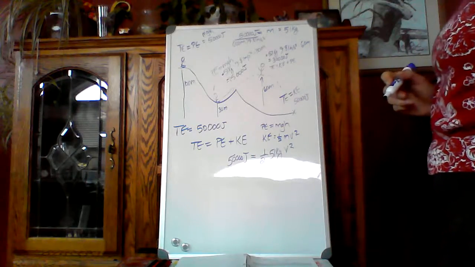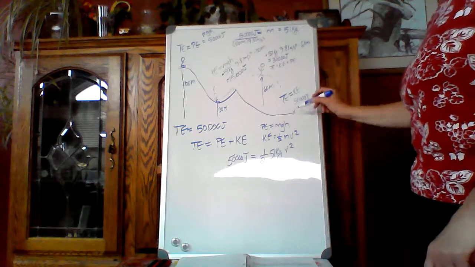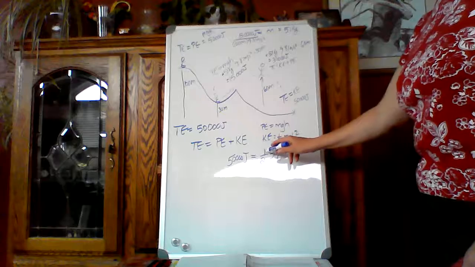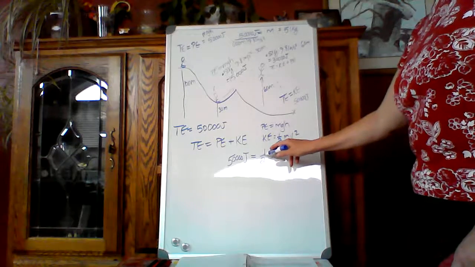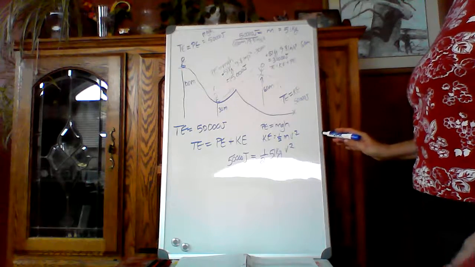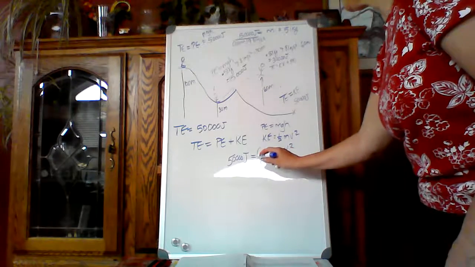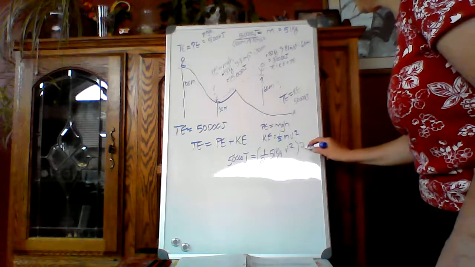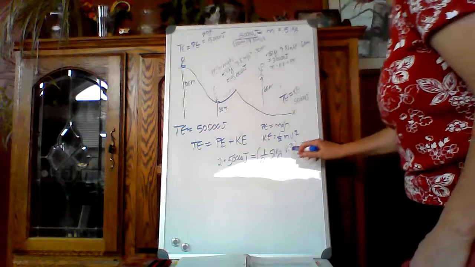Okay. We want to get our velocity squared alone to figure out how fast she's going at the bottom of the run. So you're either going to divide both sides by 1/2 or multiply both sides by 2, whichever makes you more comfortable. So if we multiply this side by 2, we'll multiply this side by 2.